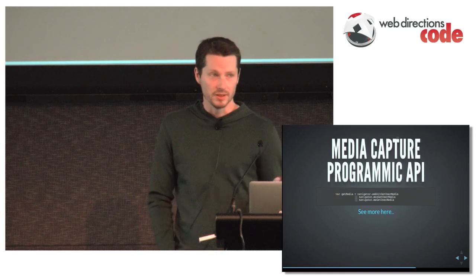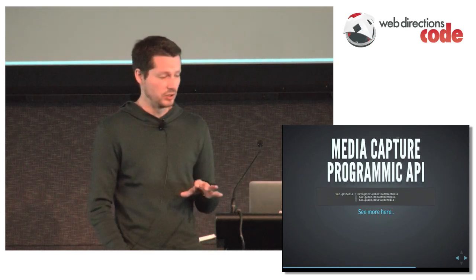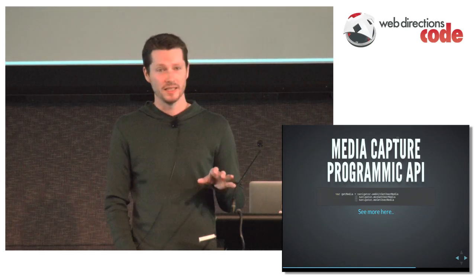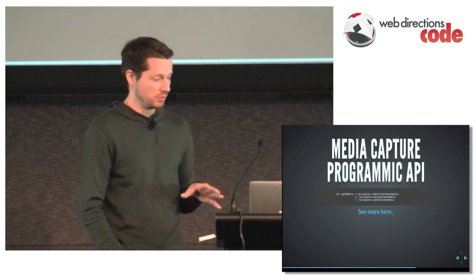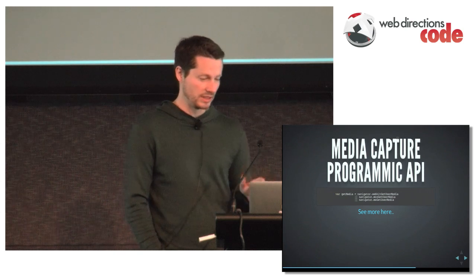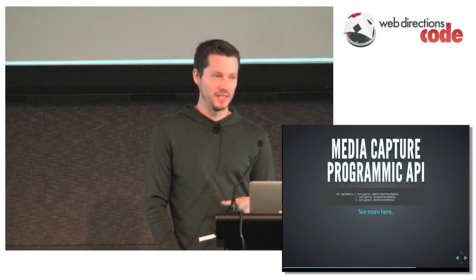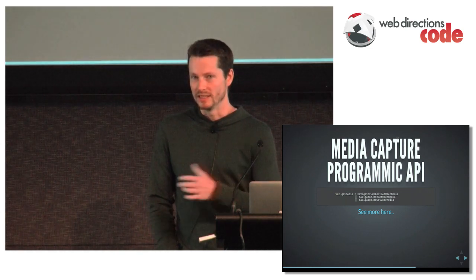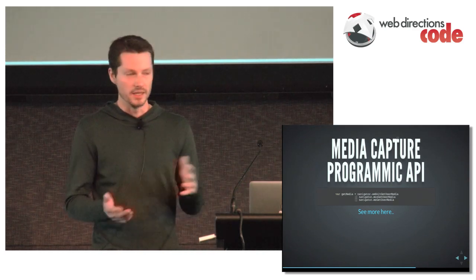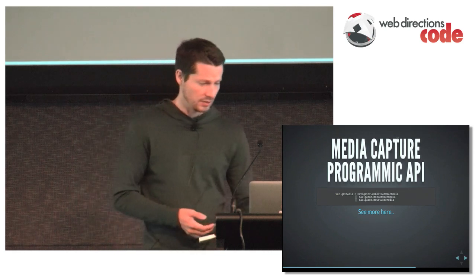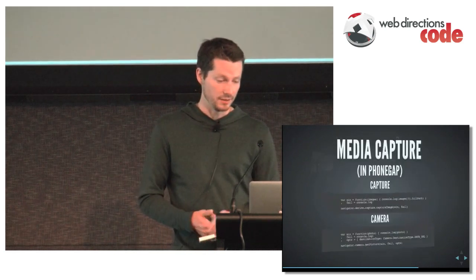And the media capture has finally evolved to this thing called get user media, all related to WebRTC, which we particularly are interested in. Get user media is not supported anywhere yet, but this is going to be the future of audio, video, and image capture. So I would definitely recommend that you go and check that out.